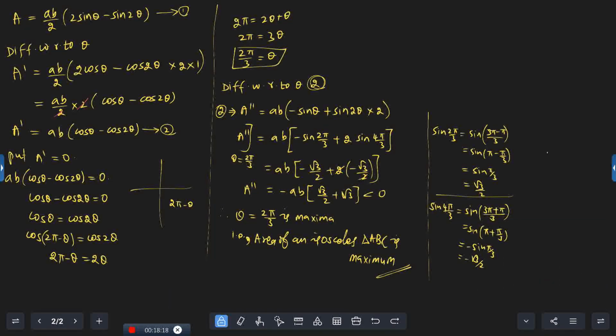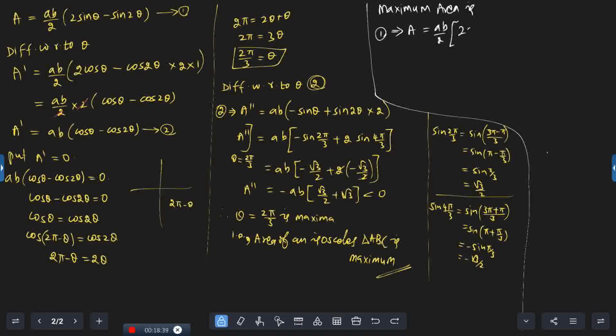Maximum area: from 1, A equals AB divided by 2 into 2 sin theta, where 2 theta is 2 pi by 3, minus sin 2 theta, which is 4 pi by 3.